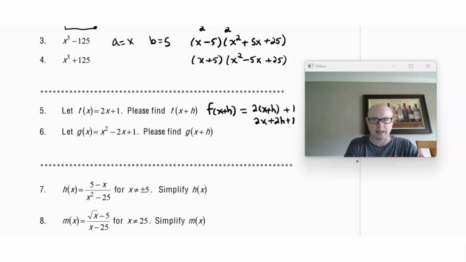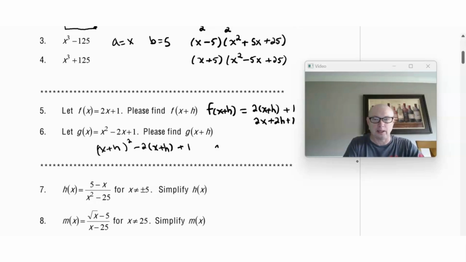Okay, a little more complicated now. Now we're going to do g of x plus h in the next one. So that means we have to plug in x plus h everywhere we see an x plus 1.